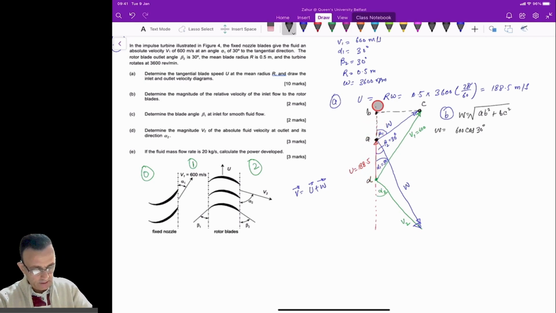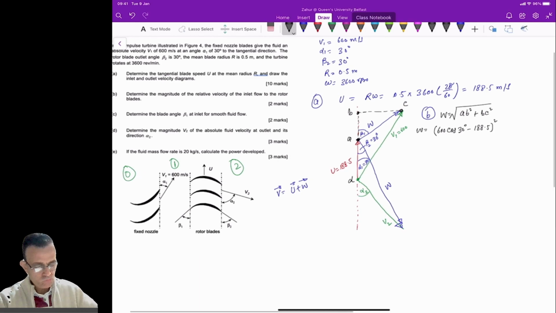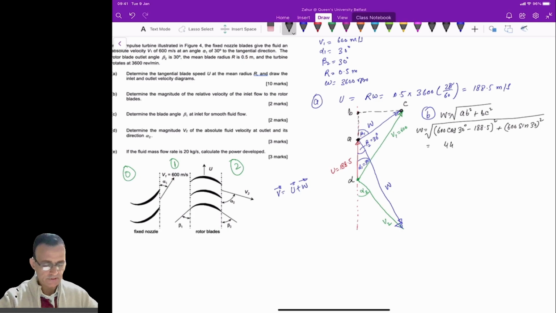So minus 188.5, so this square, and plus the BC, which is this thing here, which you can also calculate from this V1, which is 600 sine of 30, and again this will be squared and under the root. So from here you can calculate W, which is 447 meter per second. So it is just trigonometry.